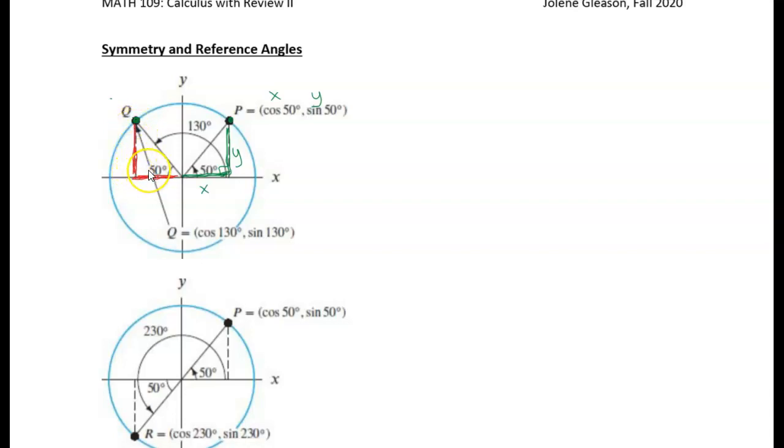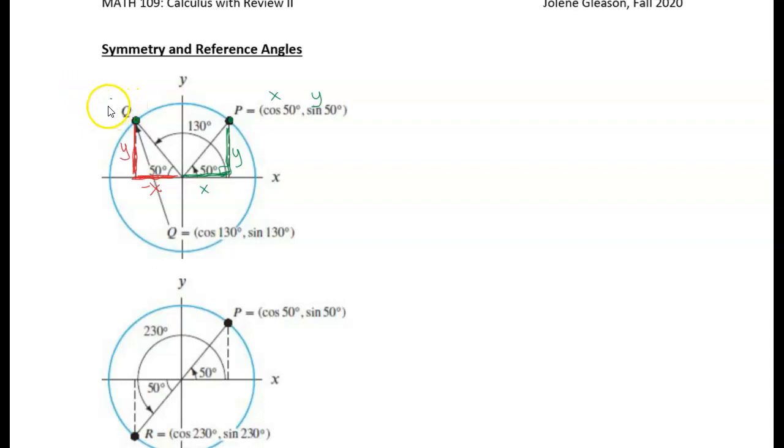It's just a mirror image of it, just flipped across the y-axis. And you can see that the cosine value will be this negative x distance, and the sine value will be this y distance.